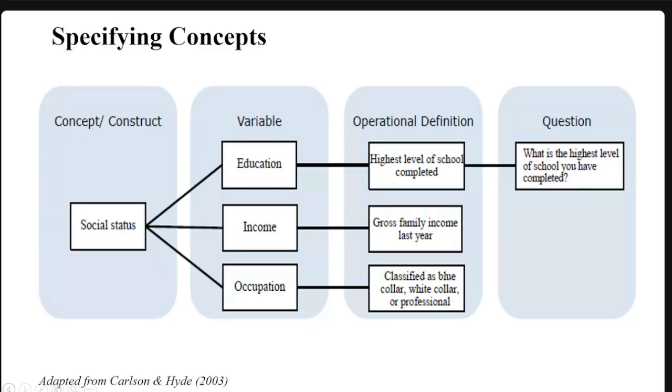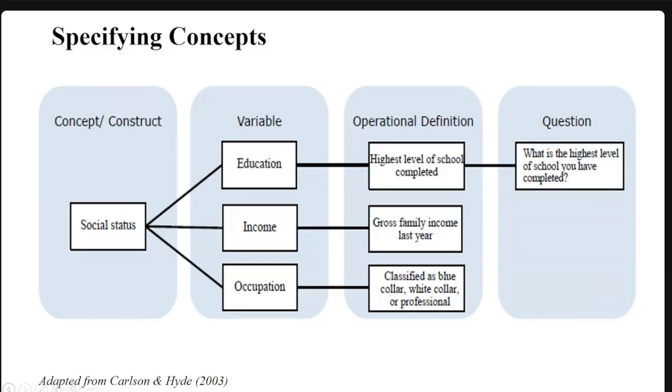Now again, take the variable education. Education is again very vague. If you ask a villager, what is your education? It's not very easy to respond. Unless you give an operational definition of these variables.